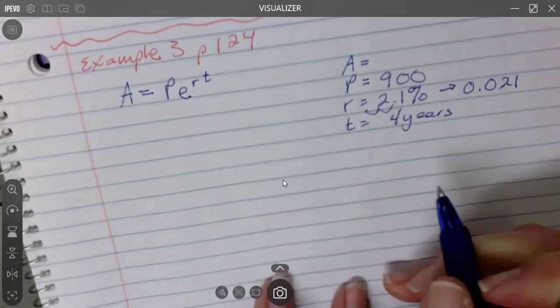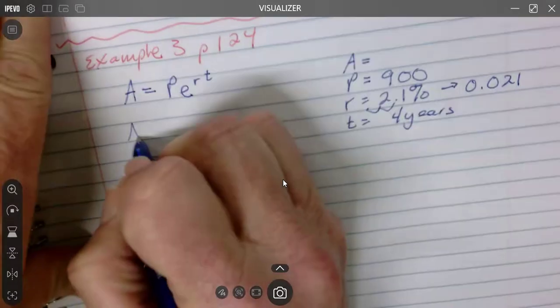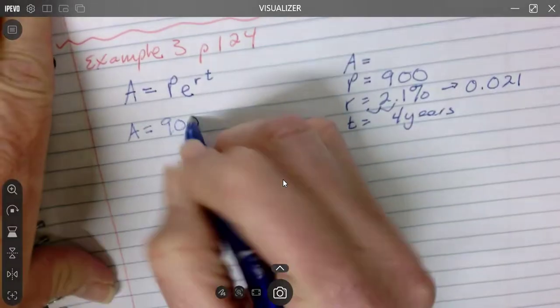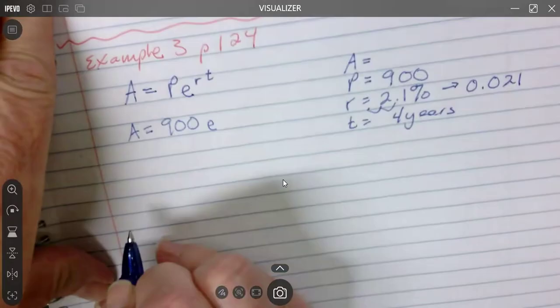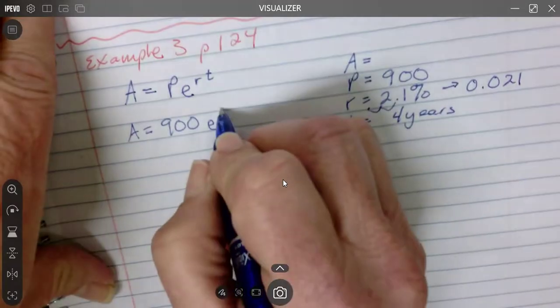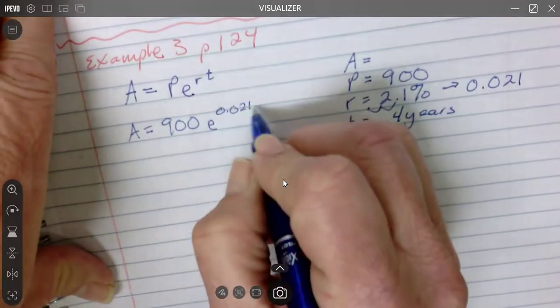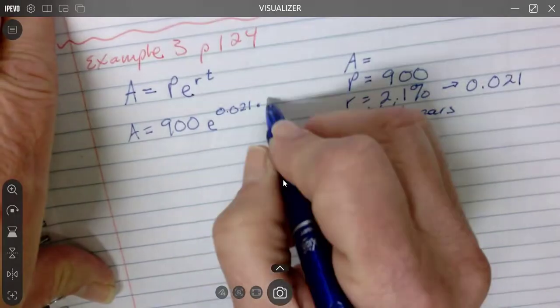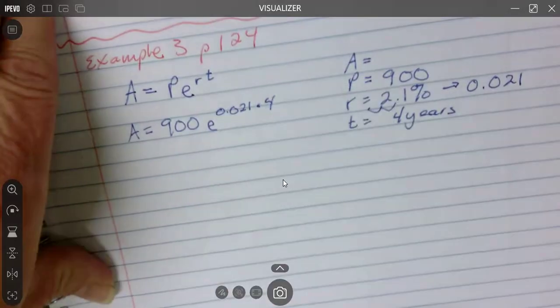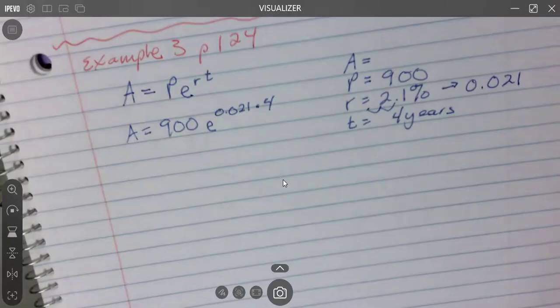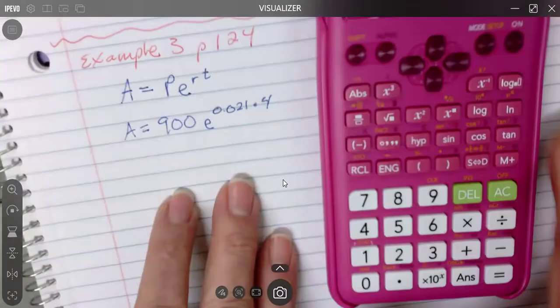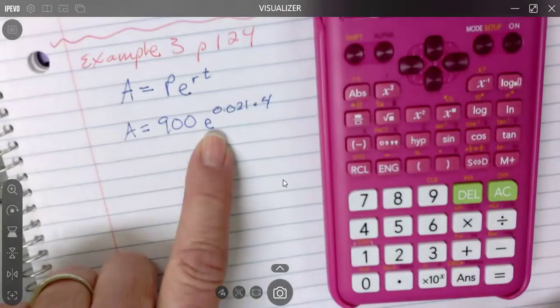Okay, so we've got A equals 900 E, and then R is to the 0.021 times 4 years. And then I did see some people who were doing the E first, and that will also work.